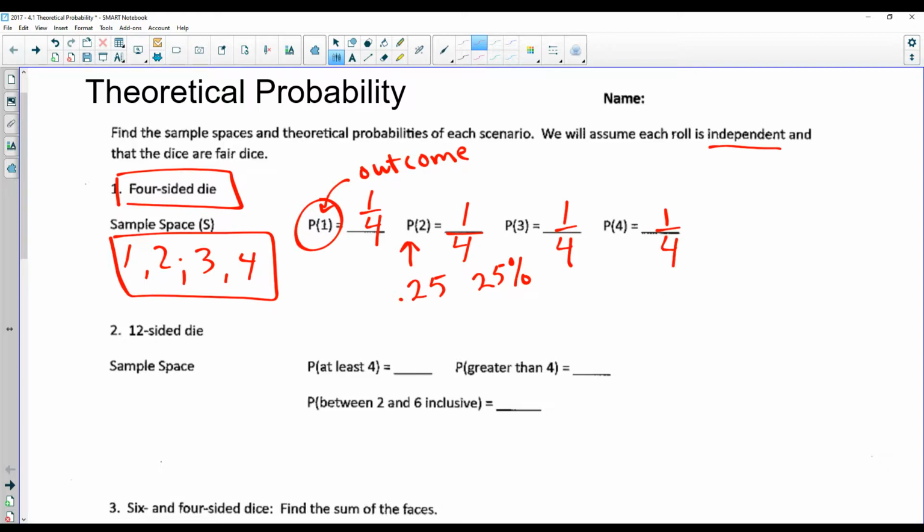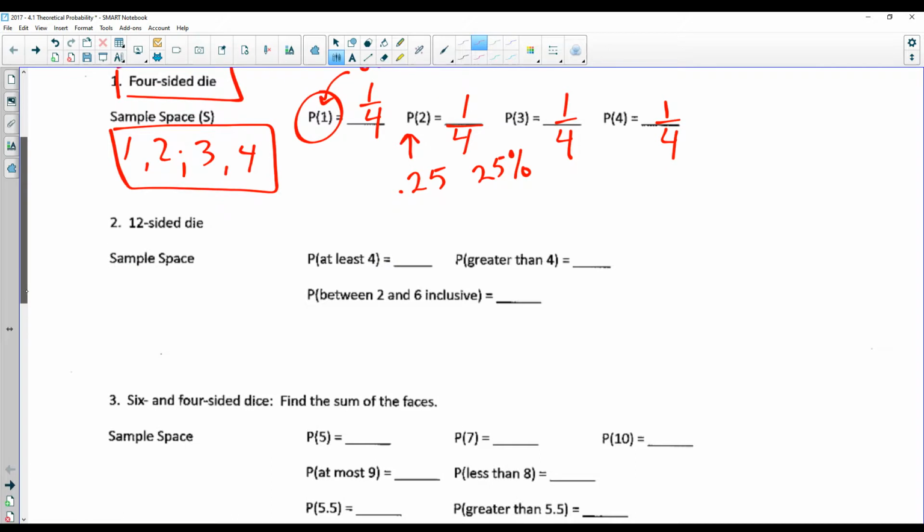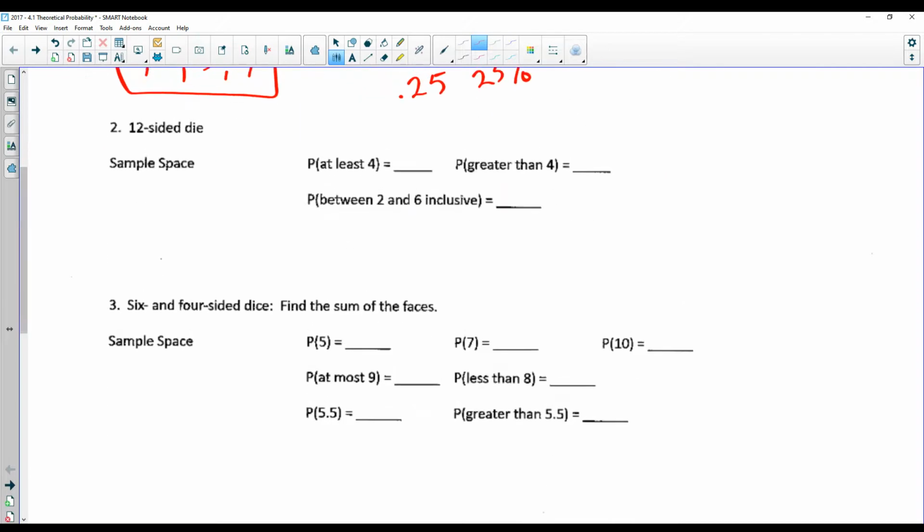Okay? The next one, if we look at a 12-sided die, that means that our sample space would be a 1, 2, 3, 4, 5, 6, 7, 8, 9, 10, 11, 12. Okay, so that would be our sample space there. Now, the probability of getting at least a 4, that would mean 4 or greater.